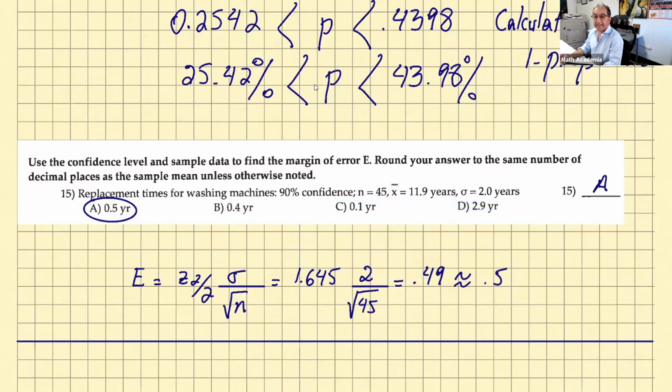So when sigma is given, we know already we're going to use z. So it's z sub alpha over 2 for 90%. We said it's 1.645 times sigma, which is 2, divided by square root of n. And if you do that, you get 0.49, which is very close to 0.5.